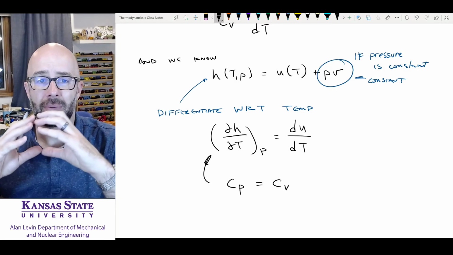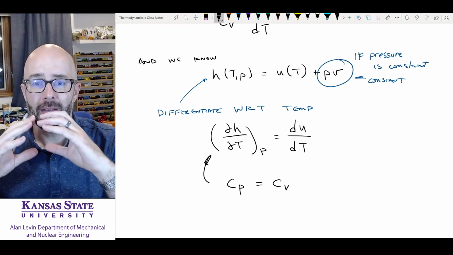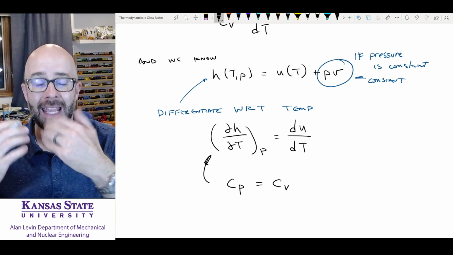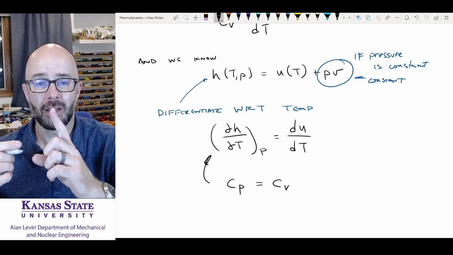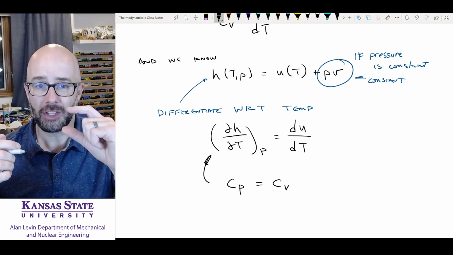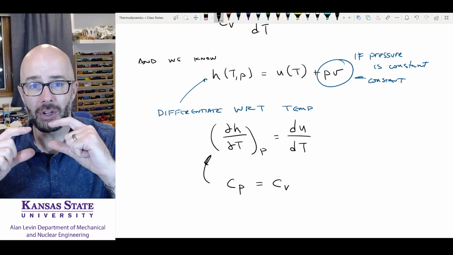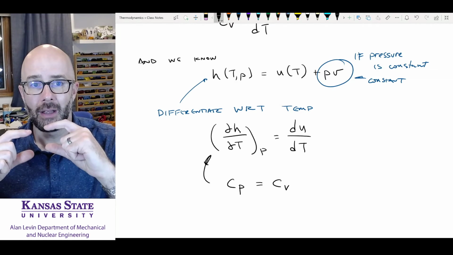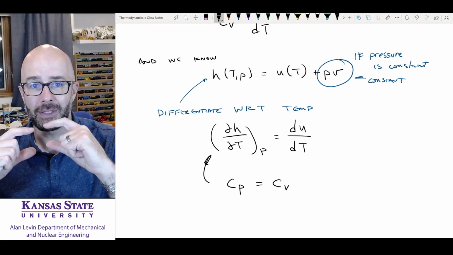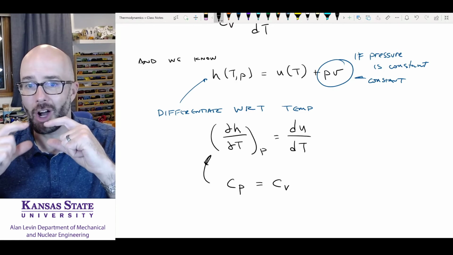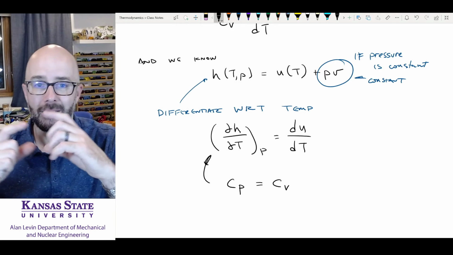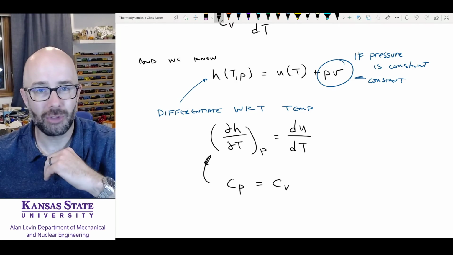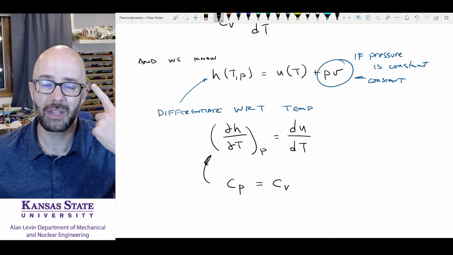When you're dealing with an incompressible substance, the energy required to raise the temperature of that incompressible substance 1 degree is going to be the same in constant pressure and constant volume situations, because the volume is not going to change. And so the only thing that can happen is the pressure is going to be constant there as well. So C sub P should equal C sub V. It just should make logical sense there when you think through it.